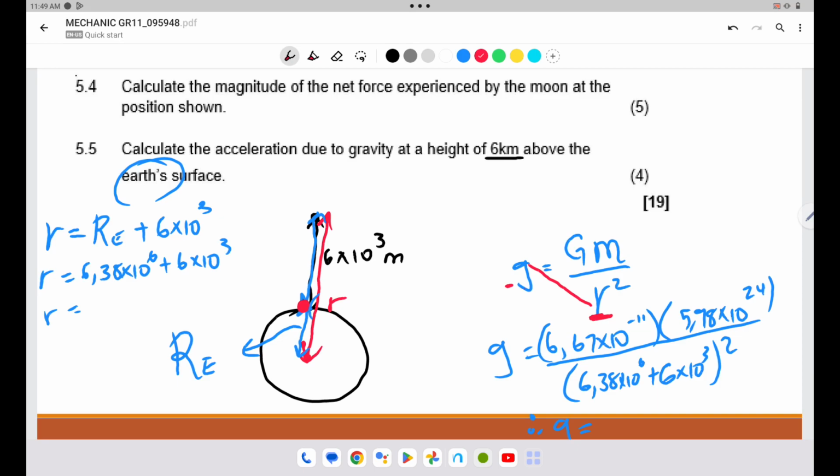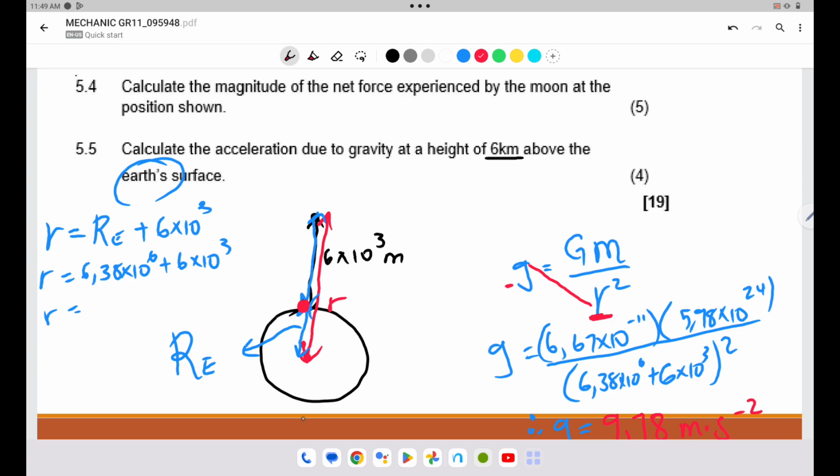5.98 to the power of 24 divided by 6.38 to the power of 6 plus 6 times 10 to the power of 3, squared. Okay, so if I calculate this, I find that g is equals to 9.78 meters per second squared.